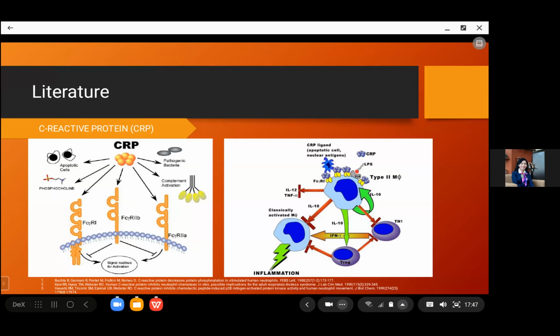FcGR1 and FcGR2A are stimulatory receptors, and cross-linking activates them, increasing phagocytosis and release of inflammatory cytokines. But FcGR2B is an inhibitory receptor, and cross-linking of it blocks the activating signal.